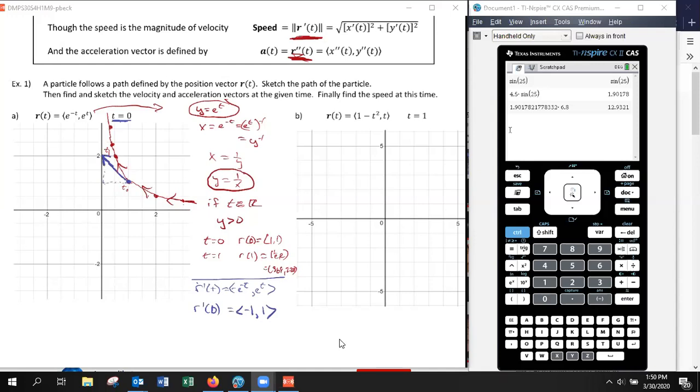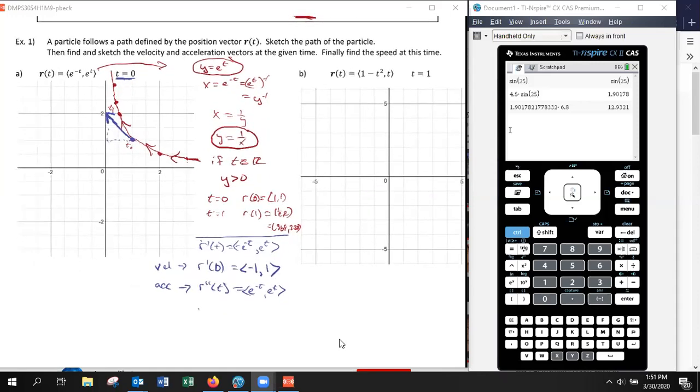That velocity vector should reinforce exactly what we said before, that the direction of the particle is moving really towards the positive y-axis. And then we have acceleration vectors. So this is our velocity vector. Our acceleration vector is going to be r double prime of 0. Let's start off with r double prime of t. r double prime of t is going to be, once again, positive e to the negative t, and then e to the t.